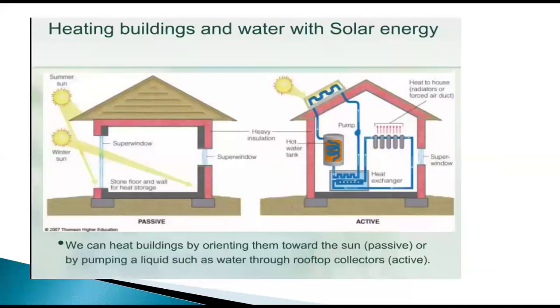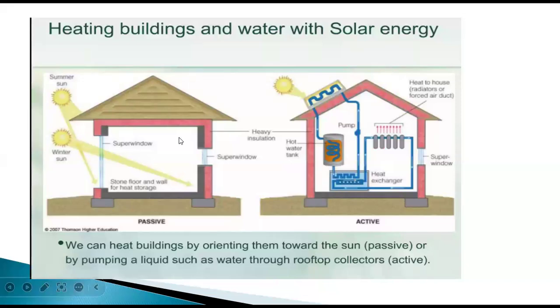The next one, saving energy: heating buildings and water with solar energy. Here there are two houses, one called passive and the second called active. A passive house heats the buildings by orienting them toward the sun.